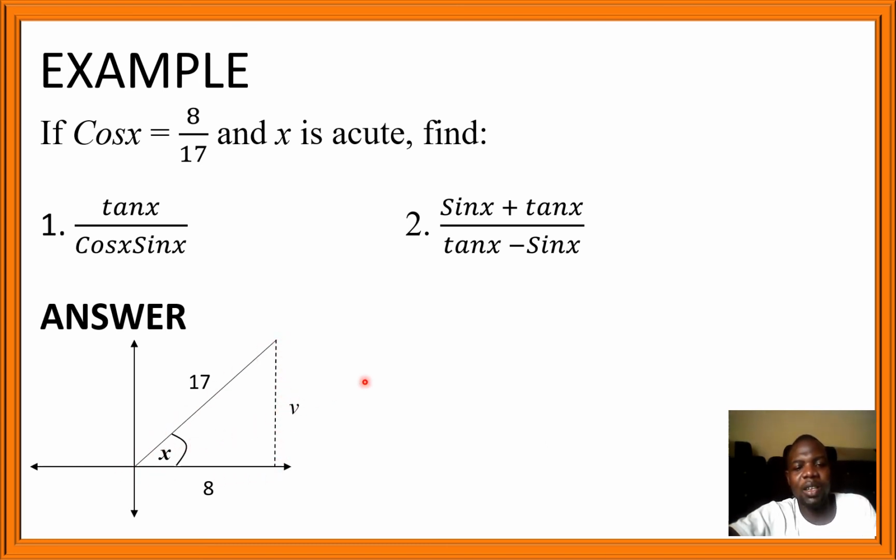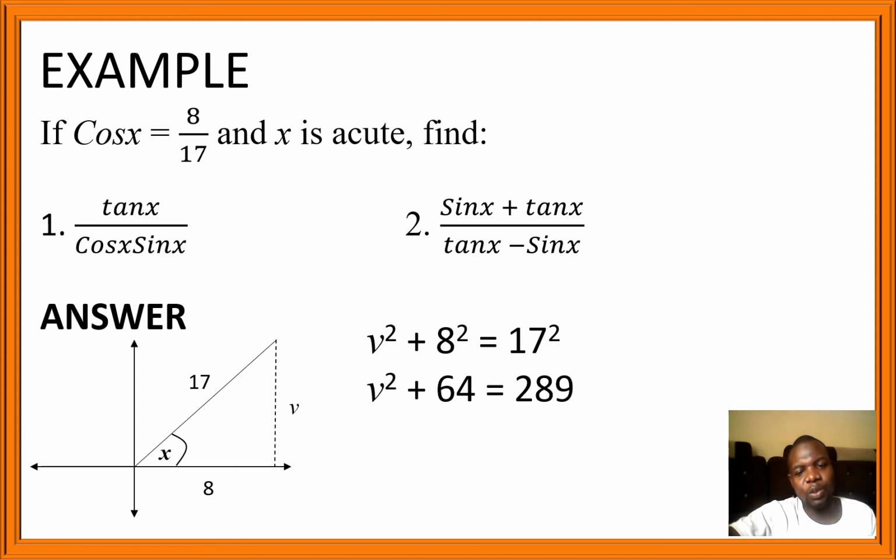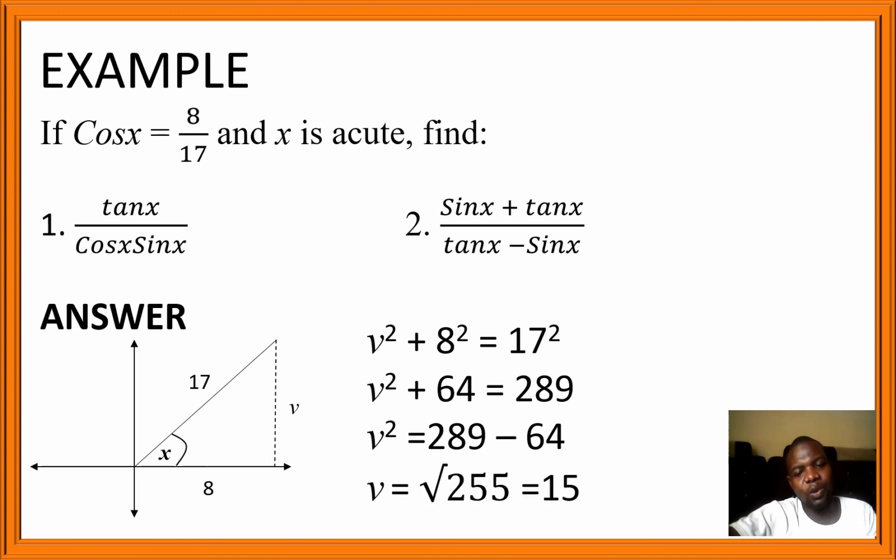We can apply Pythagoras theorem, where v squared plus 8 squared should be equal to 17 squared, the hypotenuse squared. So v squared plus 64 should be 289. Grouping like terms, v squared is equal to 289 minus 64, which is 225, giving us v as the square root of 225, which is 15.